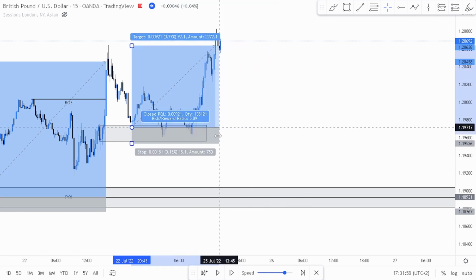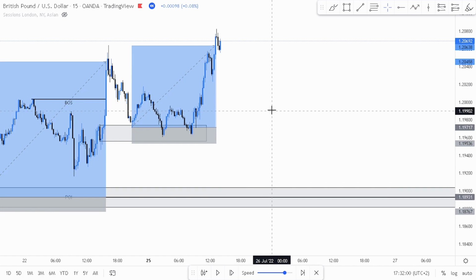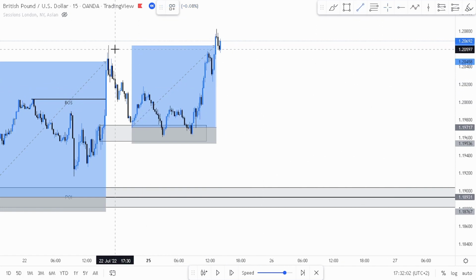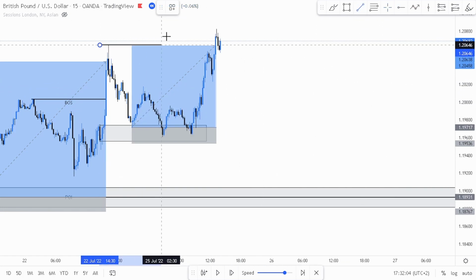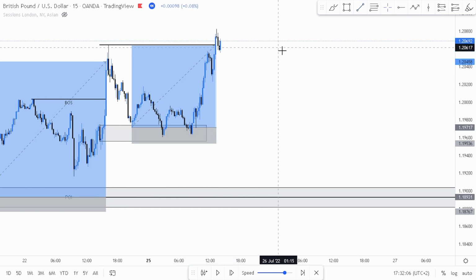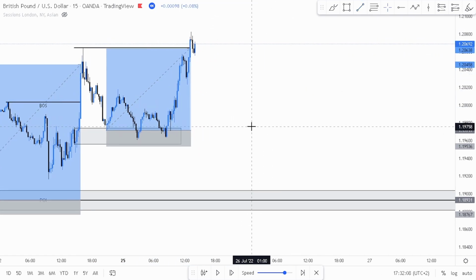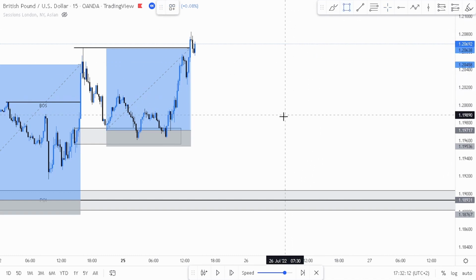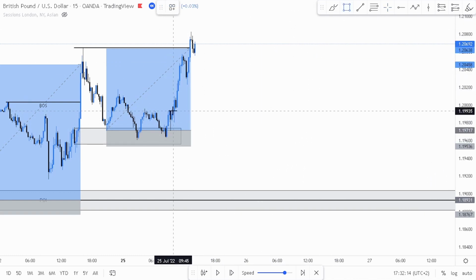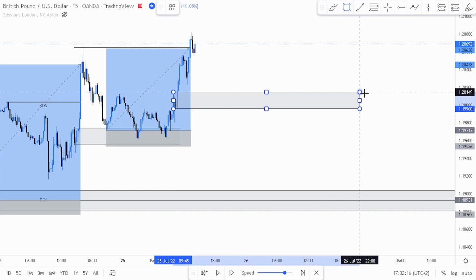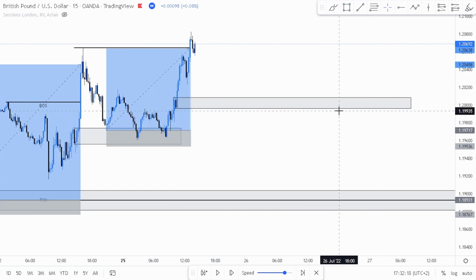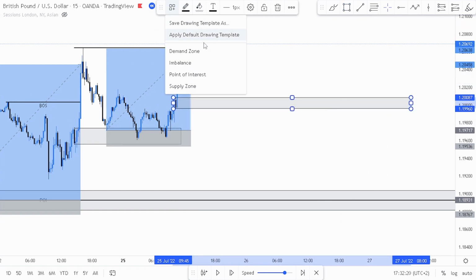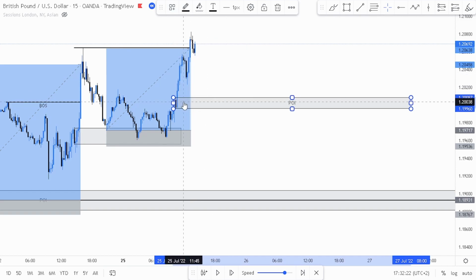And again, you have a break of structure to the upside right over here. There's our break of structure, and you want to look at levels of demand or any order blocks. So I'd mark out this OB right here as our POI, waiting for market to come tap in here and continue being bullish.